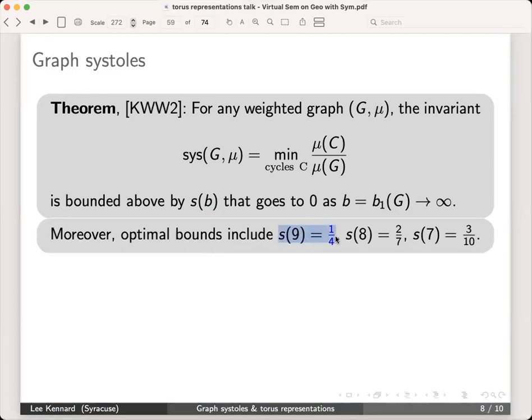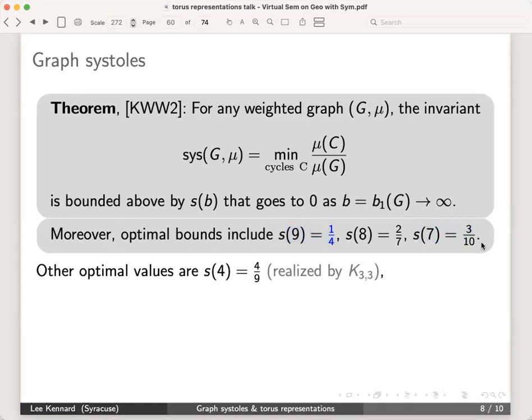And you can see here, you get 1/4. That's that magic critical codimension. And that's S of 9, the same as the bound for the other theorem I mentioned, that was the extremal case. Similarly, for Betti number 8, you get this 2/7 number that we saw before. S of 7, if you want to challenge, is 3/10.